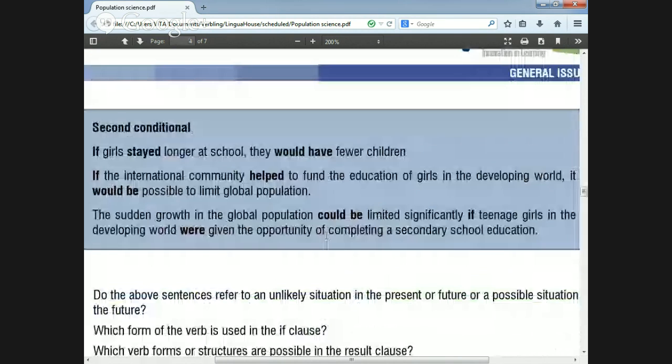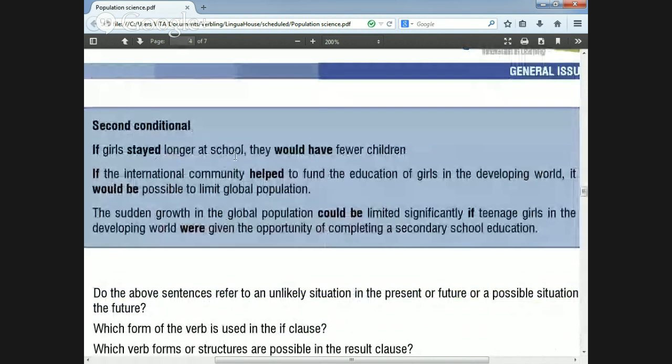The second conditional. If girls stayed longer at school, they would have fewer children. If the international community helped to fund the education of girls in the developing world, it would be possible to limit population. The sudden growth in the global population could be limited significantly if teenage girls in the developing world were given the opportunity of completing a secondary school education.